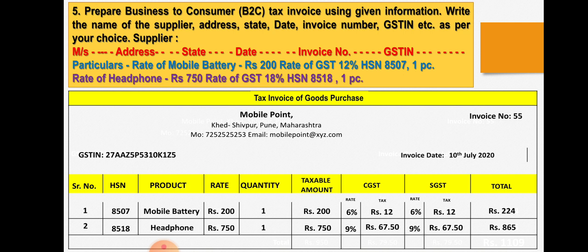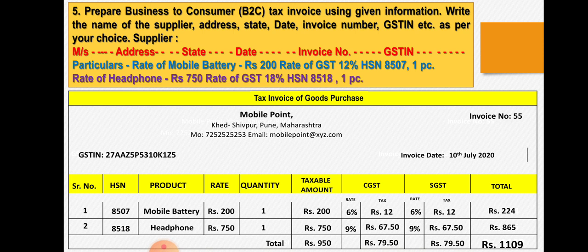When you add 224 plus 865, you will get 1109. Both the additions are the same, horizontal and vertical. You can add horizontally and check, you can add vertically and check. When you add horizontally, you add 950 of taxable amount plus 79 rupees and 50 paisa, again 79 rupees and 50 paisa, and you will get 1109.